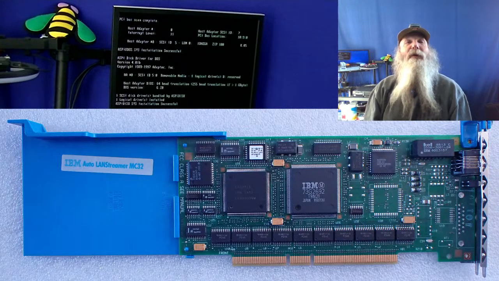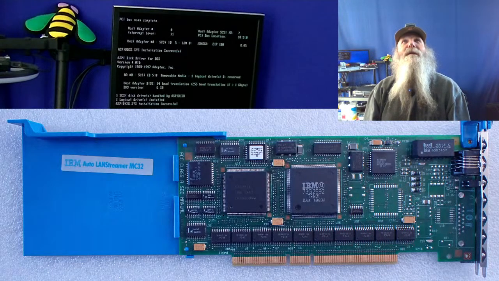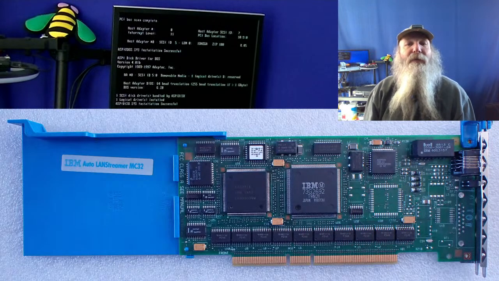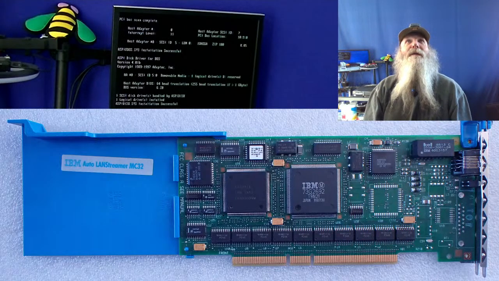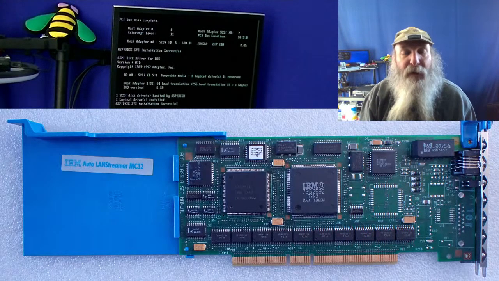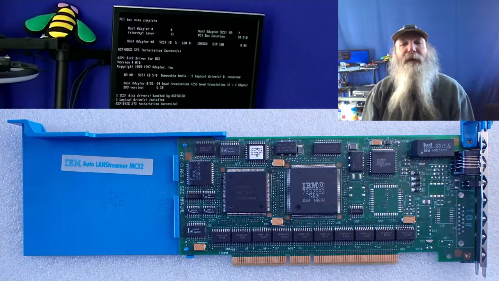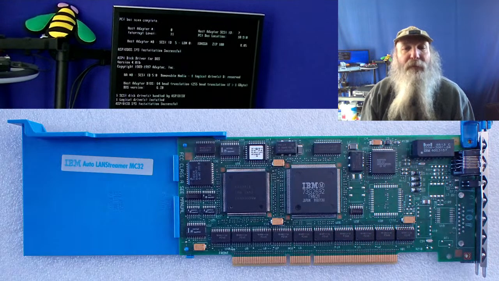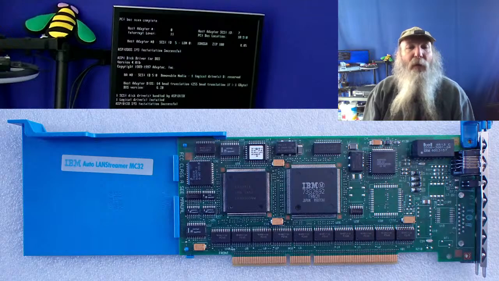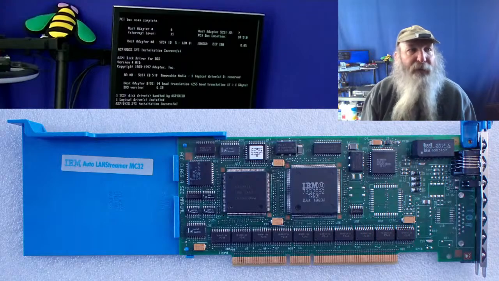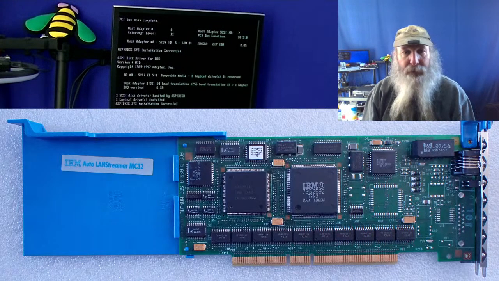That EEPROM may even be a flash chip, able to be reflashed to later versions of microcode on that adapter. He used to code for these things and developed a lot of the firmware or the microcode of these adapters and other equipment associated with Token Ring.